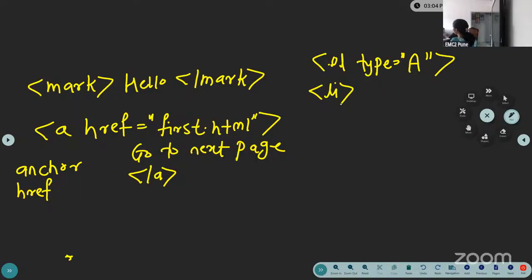List item. For example, you want to show the devices of the computer: input, output, and the CPU. So I have to mention, for example, input, and close the LI. Again here LI for what? Output.